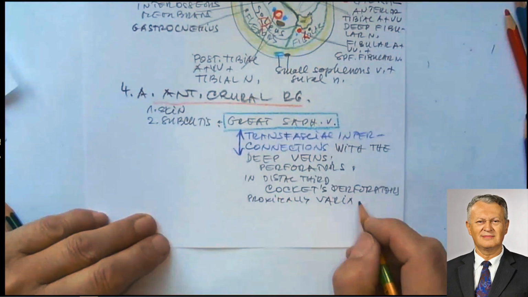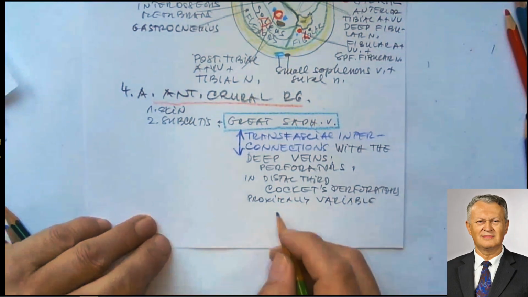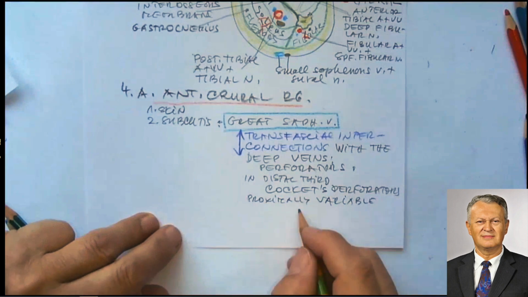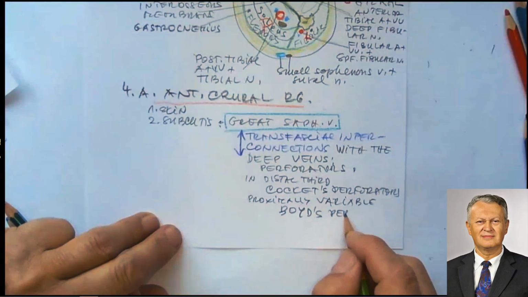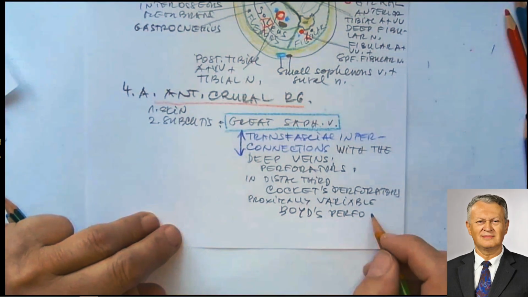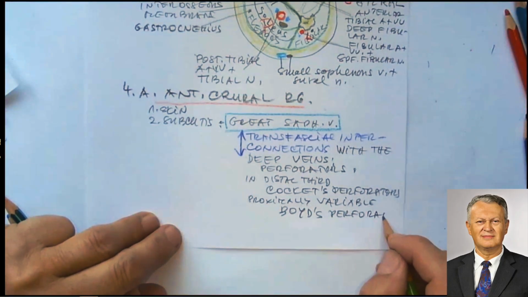These are relatively constant, but the following are called Boyd's perforators.